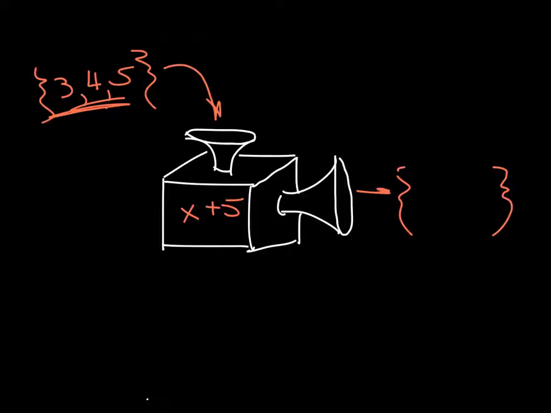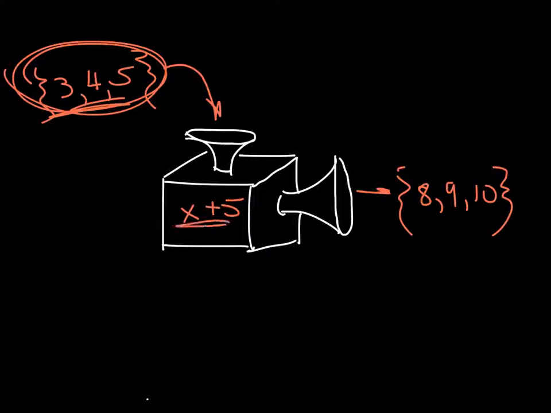I put the 3 in there, and when I add 3 to 5, I get 8. When I put a 4 in there and add 5, I get a 9. When I put 5 in there and add 5, I get 10. So these are the numbers that I put in. This is what happens to the numbers. And these are the numbers that I get when I get out.